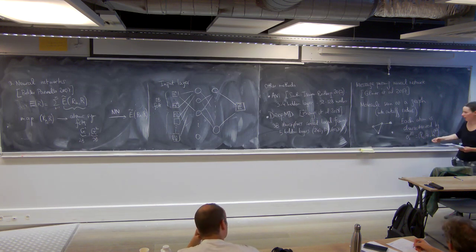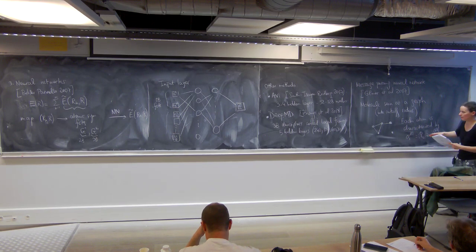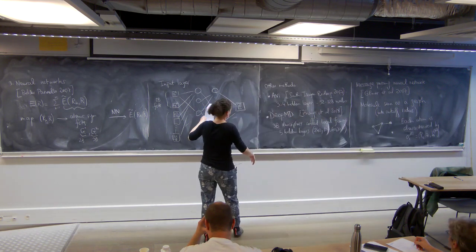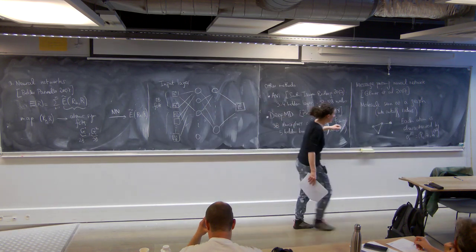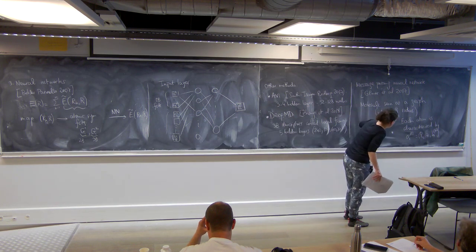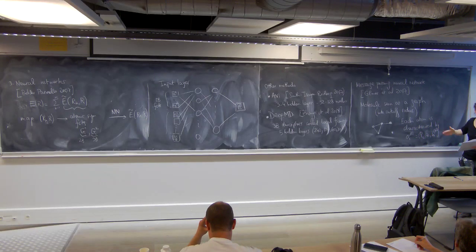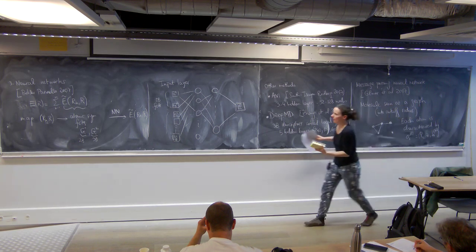So t will be an index that will somehow move through the network, and basically this will be updated at each layer. But these layers are the message passing steps. So I will keep this.